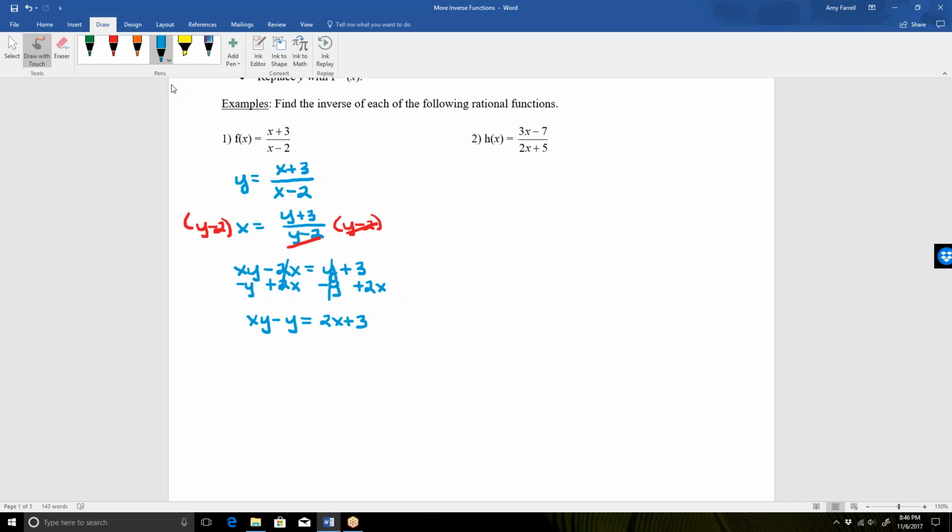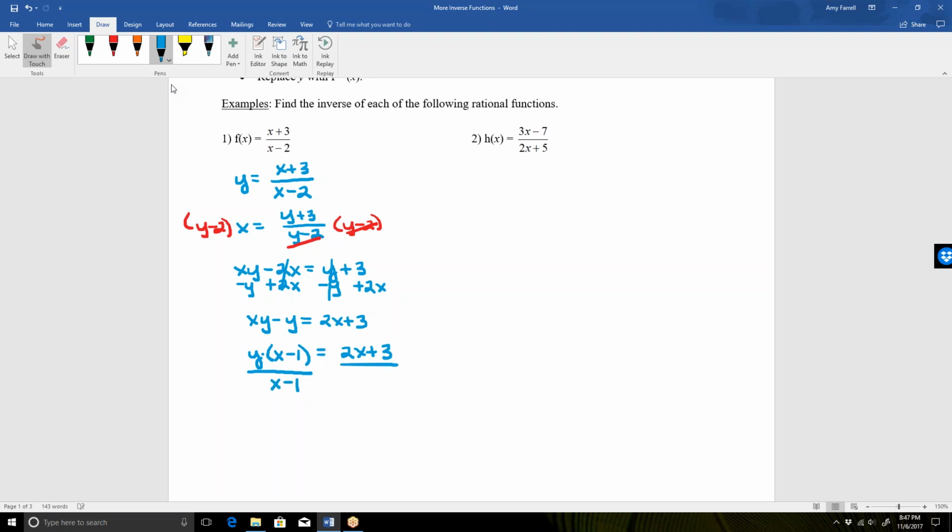Now, to isolate the y, the little trick we use is we factor out a y, because those terms have a GCF of y. So we factor out a y, and then it is y times the quantity x minus 1.